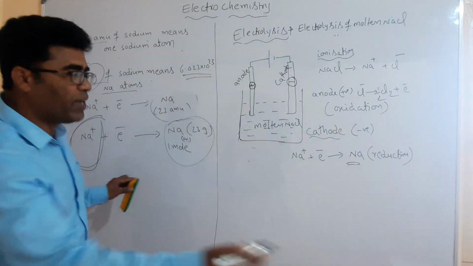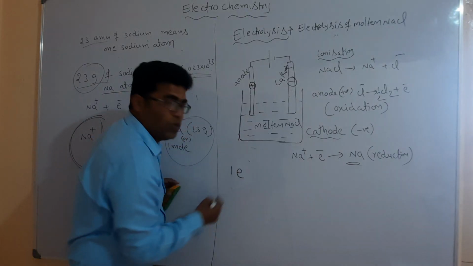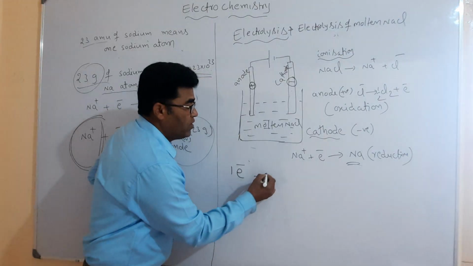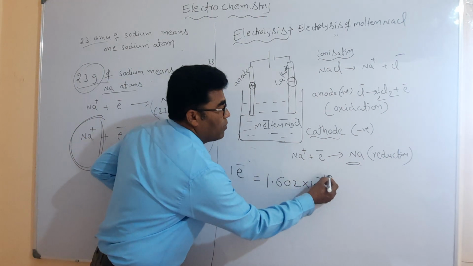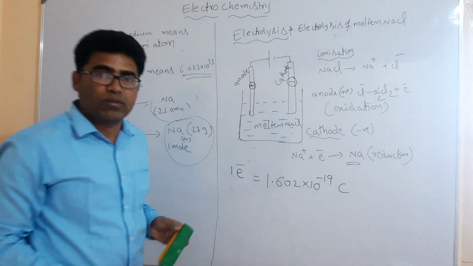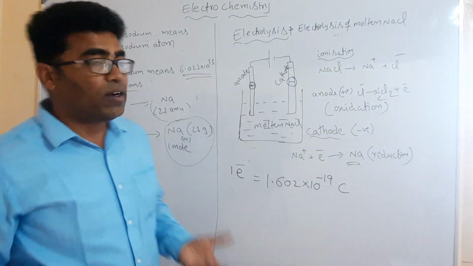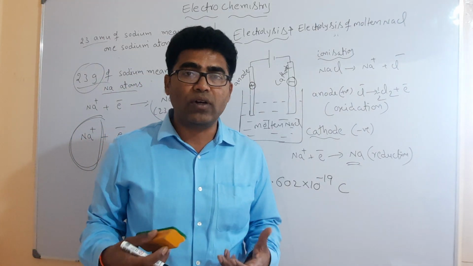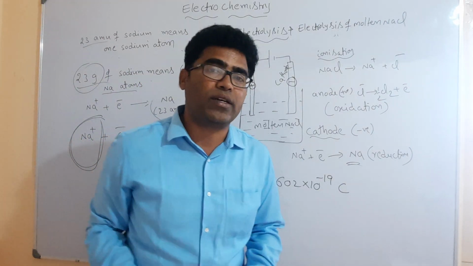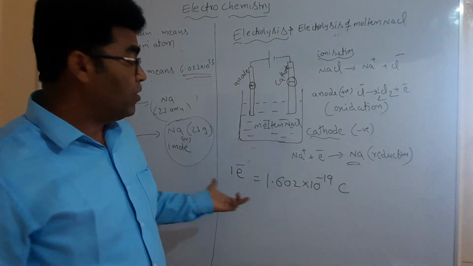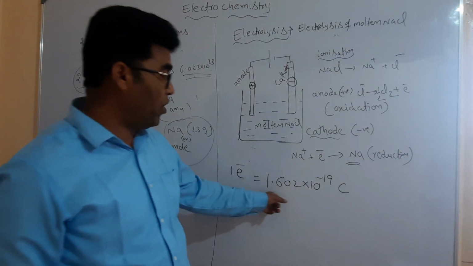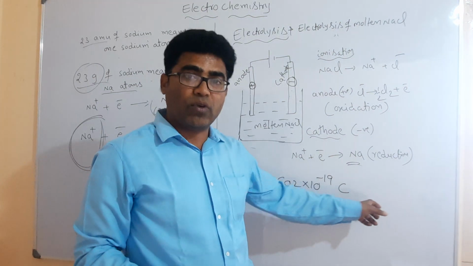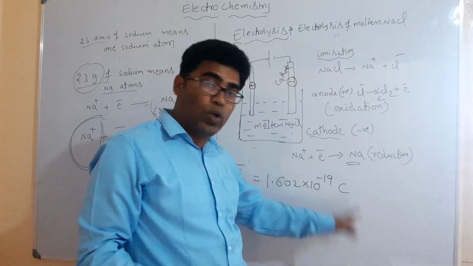Suppose you take one electron, what is the charge of an electron? 1.602 into 10 power minus 19 coulombs. What kind of questions do you have to learn to succeed in NEET and JEE? One electron charge is 1.602 into 10 power minus 19 coulombs.